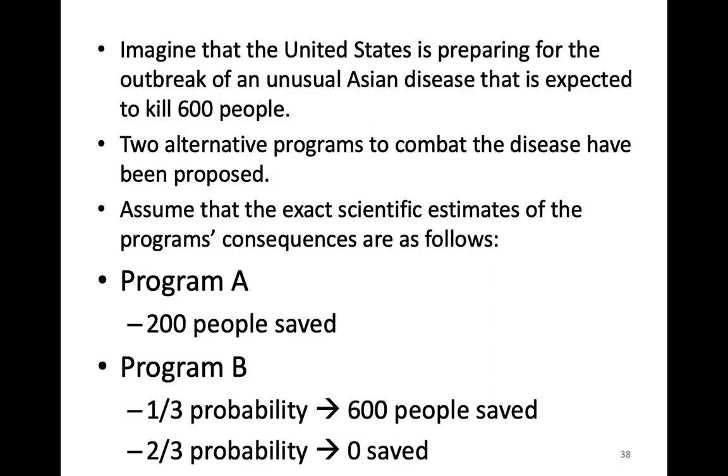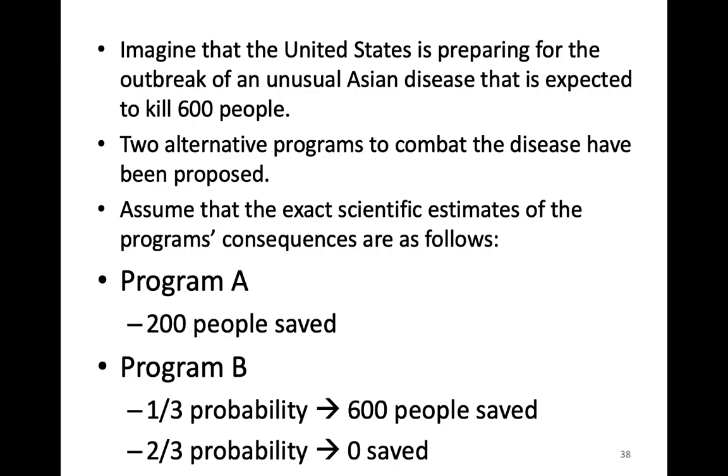So, again, let's just imagine that the U.S. is preparing for an outbreak of an unusual Asian disease, and this is expected to kill 600 people. Two alternative programs to combat the disease have been proposed. Assume that the exact scientific estimates of the programs' consequences are as follows.